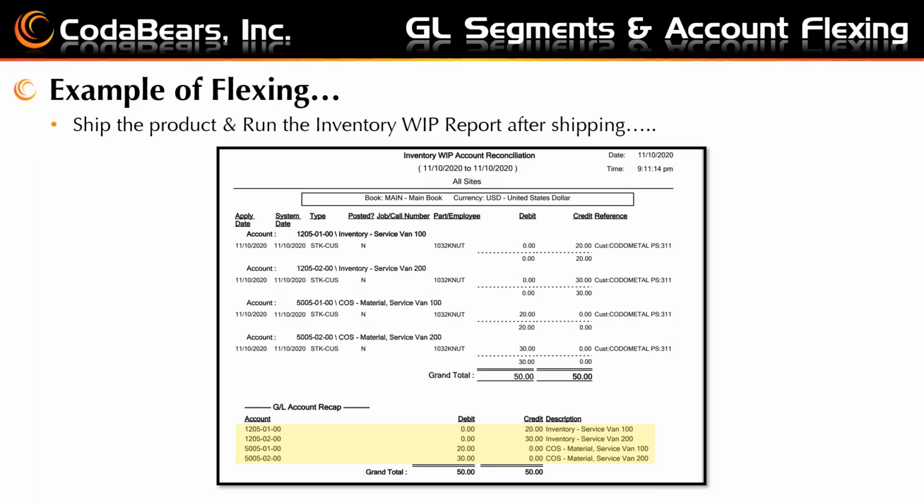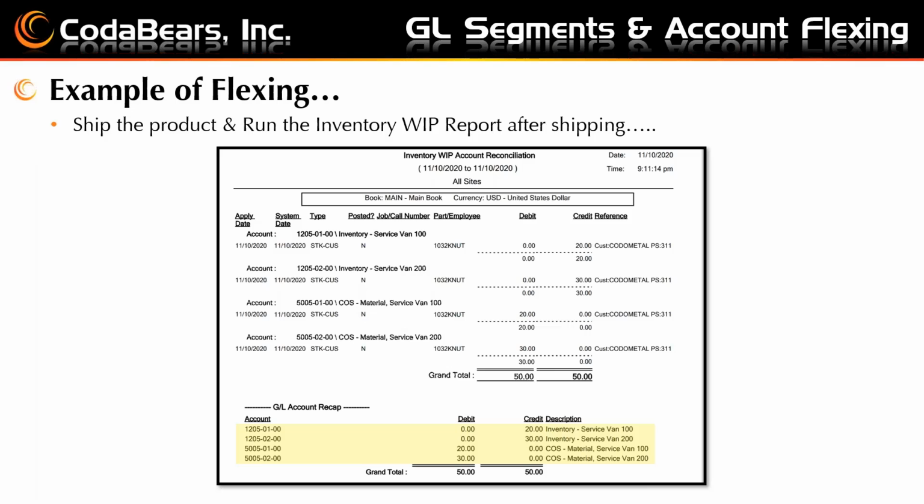In this example, they're service vans, but they could be physical sites, instead of a service van, depending on how you define that division segment. Yep, or it could be just breaking down inventory in your warehouse.